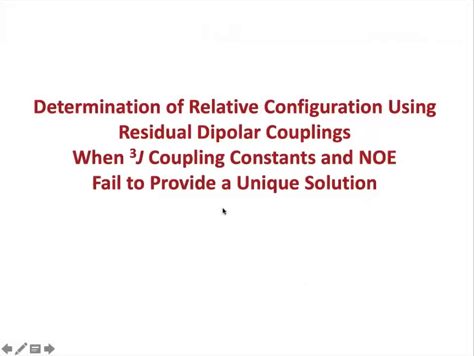I'm going to show you one example in which you can see a case in which the structure was solved by residual dipolar couplings because J coupling constant and NOE failed to provide a unique solution.